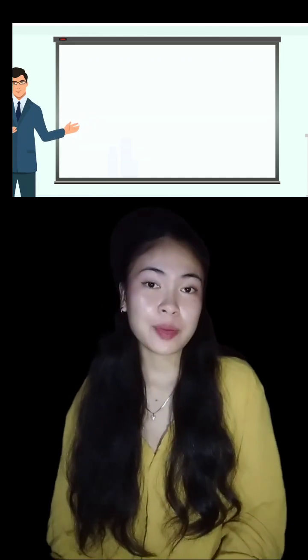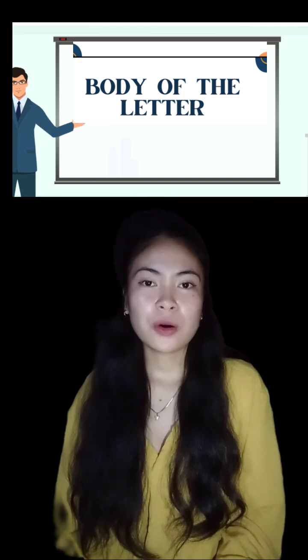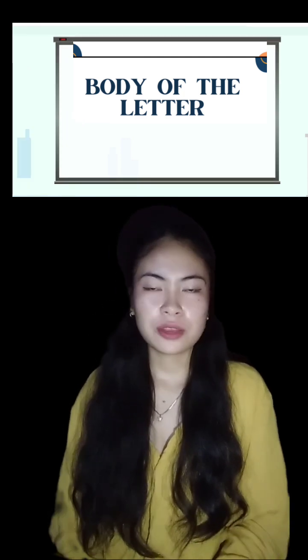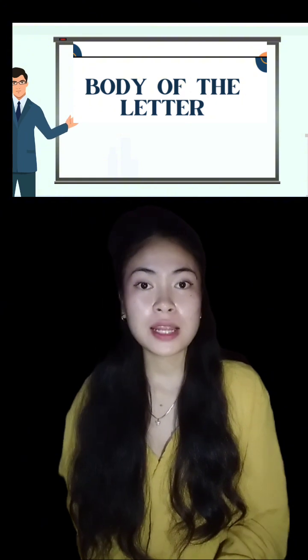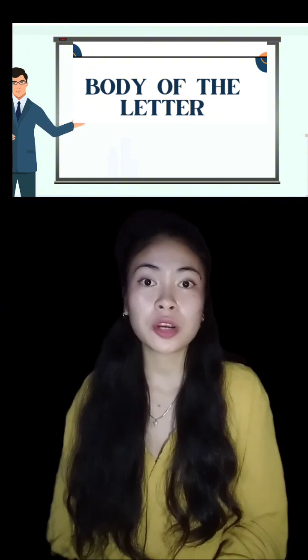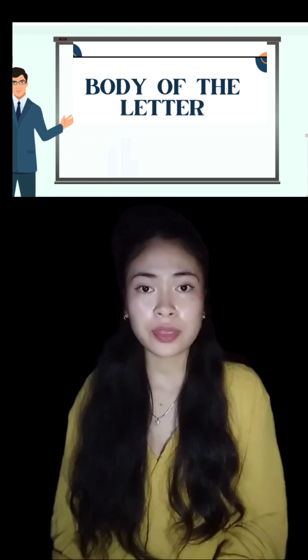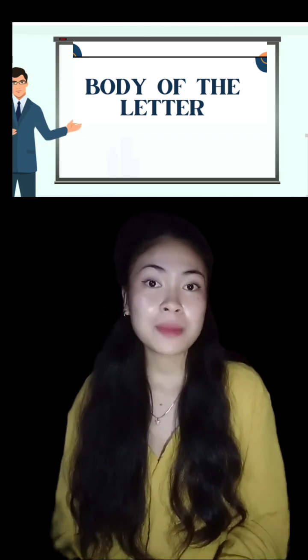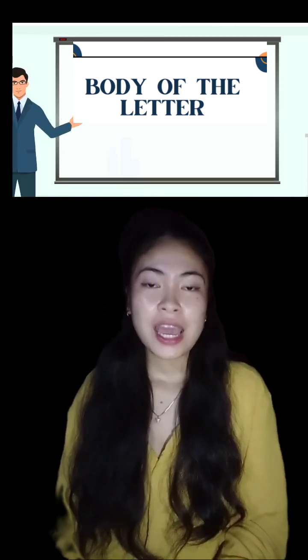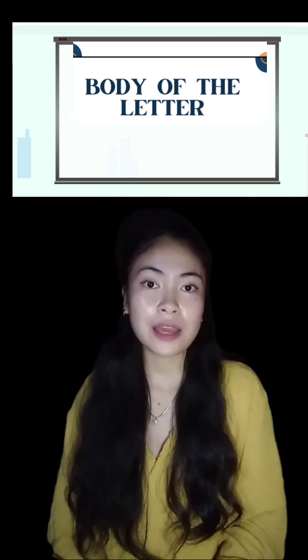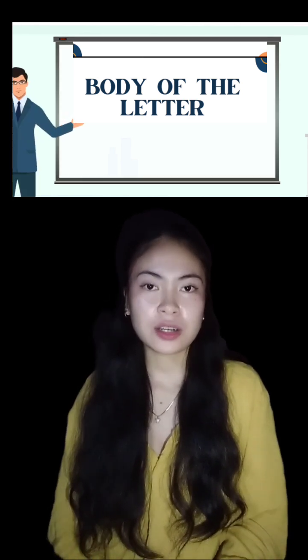So next is the body of the letter. It consists of the message of the writer. Some claim that the first and the last part of the body of the letter are the most important parts, because the first sentence should make the reader feel at ease, and the last sentence should make the reader feel safe, pleased, and content.